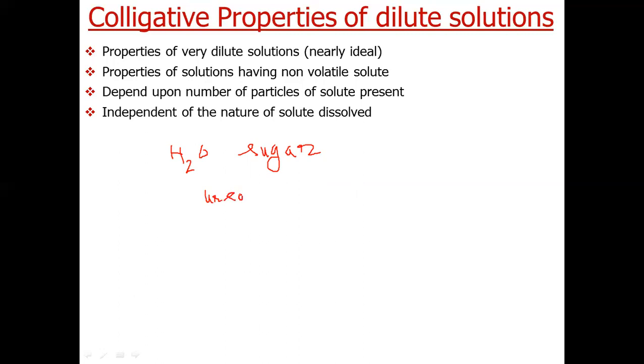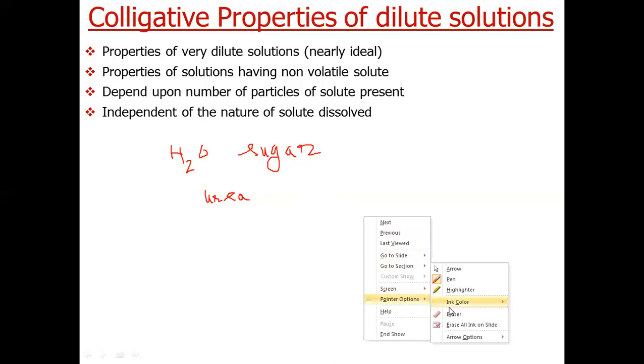Both sugar and urea are non-volatile solutes. Suppose for both the solutions the number of particles are the same, then the colligative property will remain the same whether it is urea or sugar. The thing that is important is that they should contain the same number of particles. So I will erase this.